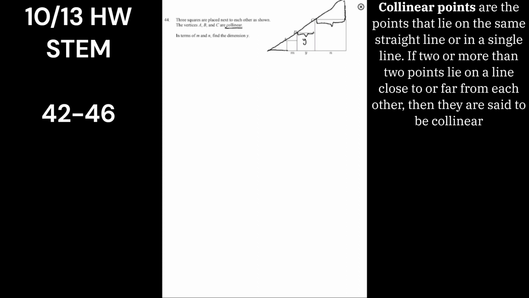We know this is also n, because they're squares. We know this is m. And we could say this is some angle theta. Because they're collinear, we know that all of these angles should be theta.